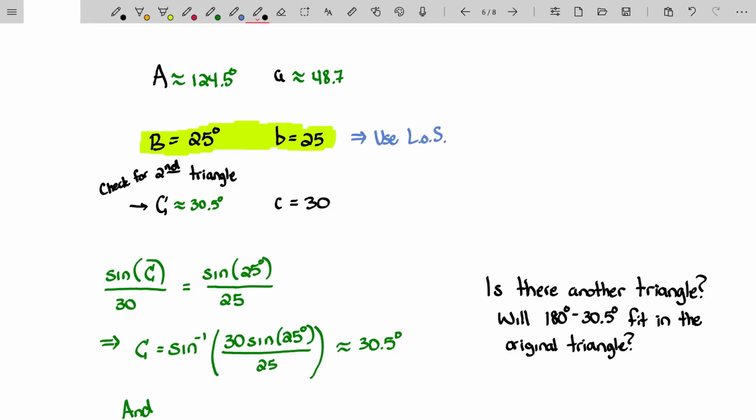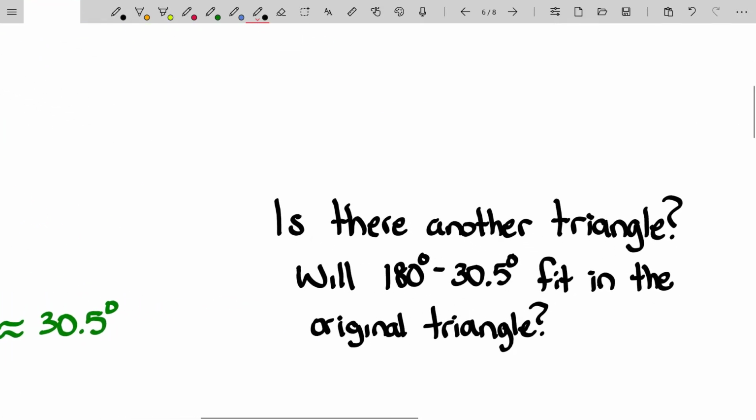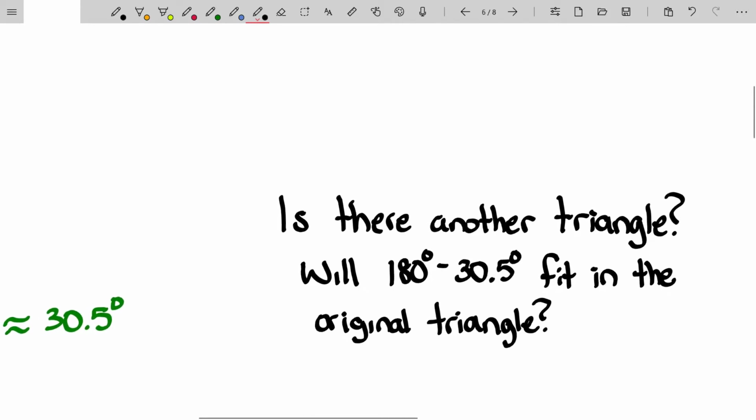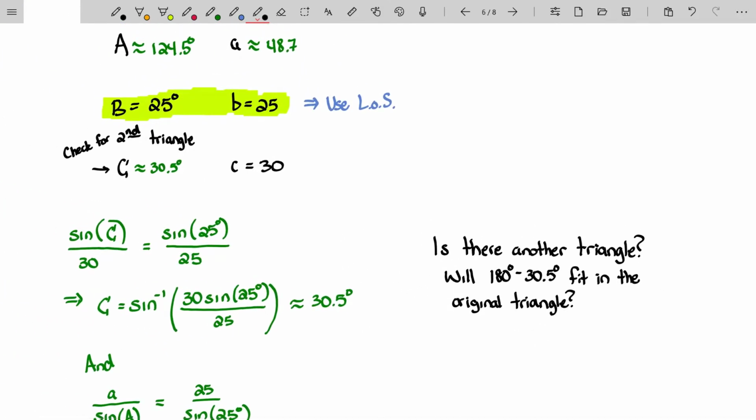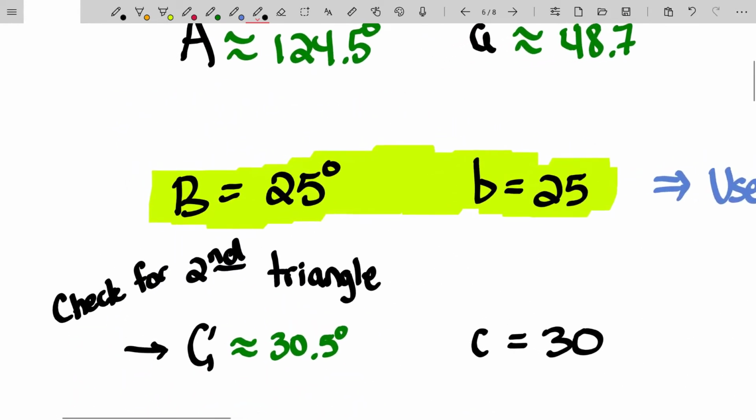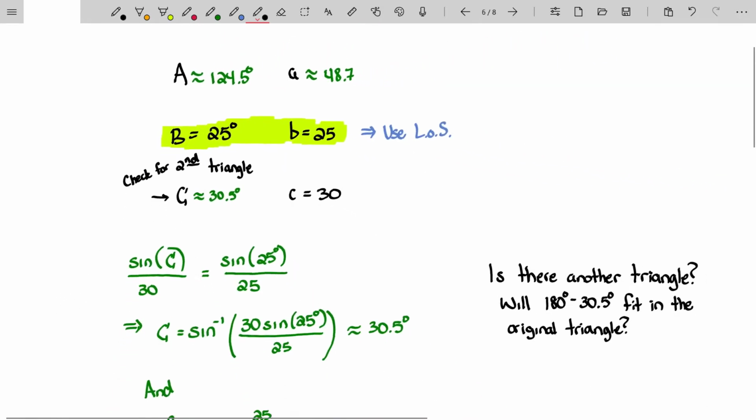It will not return an obtuse angle, so you don't know if that angle could have been obtuse. And it turns out 180 minus 30.5 is 149.5, and the given information was the black ink there. So the only other given angle was the 25-degree angle. Well, 149.5 plus 25 is still less than 180 degrees. So yes, the answer is it can totally lead to a second triangle.